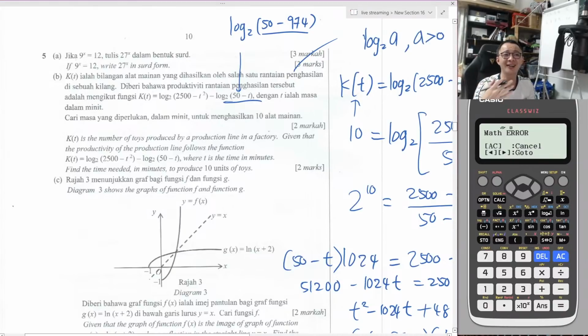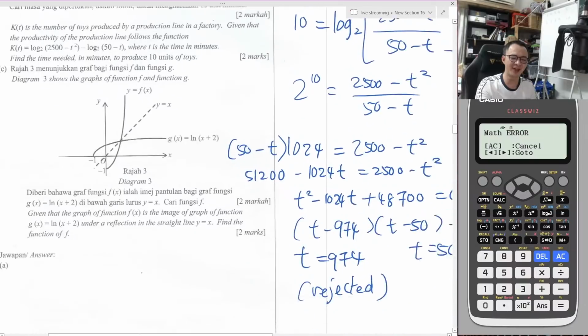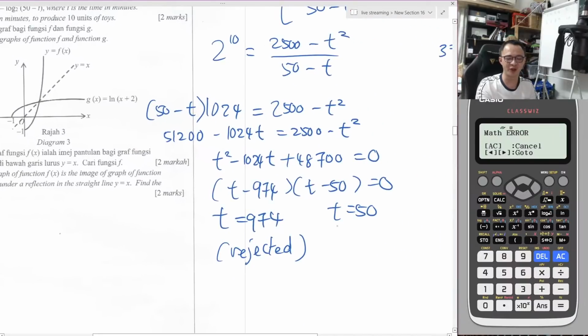It can't even equal 0. If it equals 0 it is still math error, right? Log 2 of 0 is still math error. So therefore I think the design of this question is a bit weird, because t equals 50 should be rejected as well.